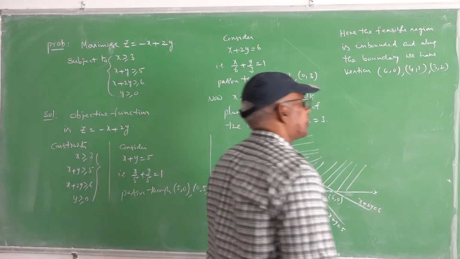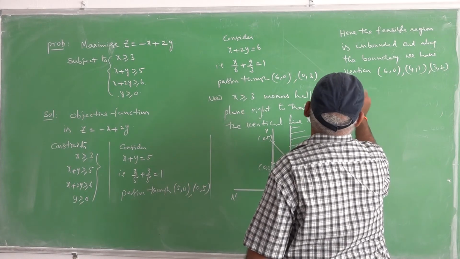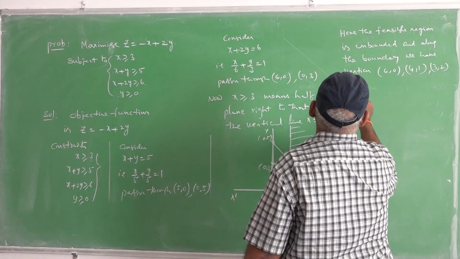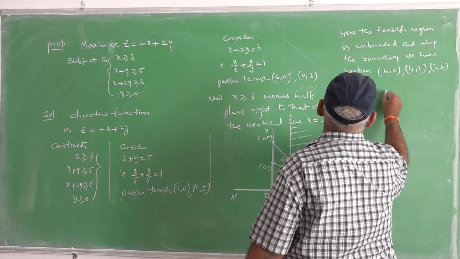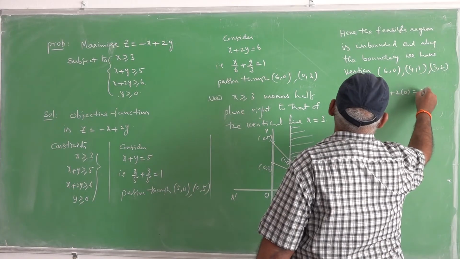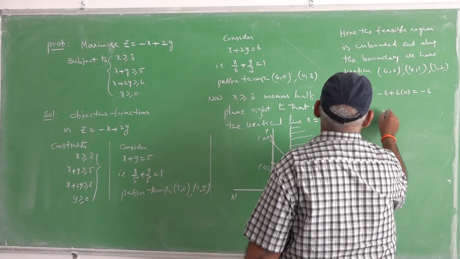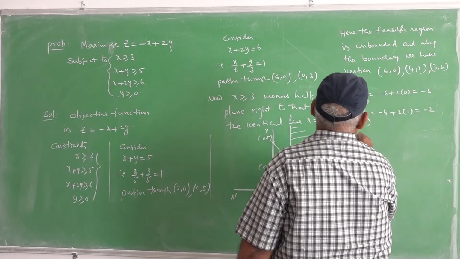Observe z at these values. Z at 6 comma 0 is minus 6 plus 2 into 0, minus 6. Z at 4 comma 1 is minus 4 plus 2 into 1, minus 2.